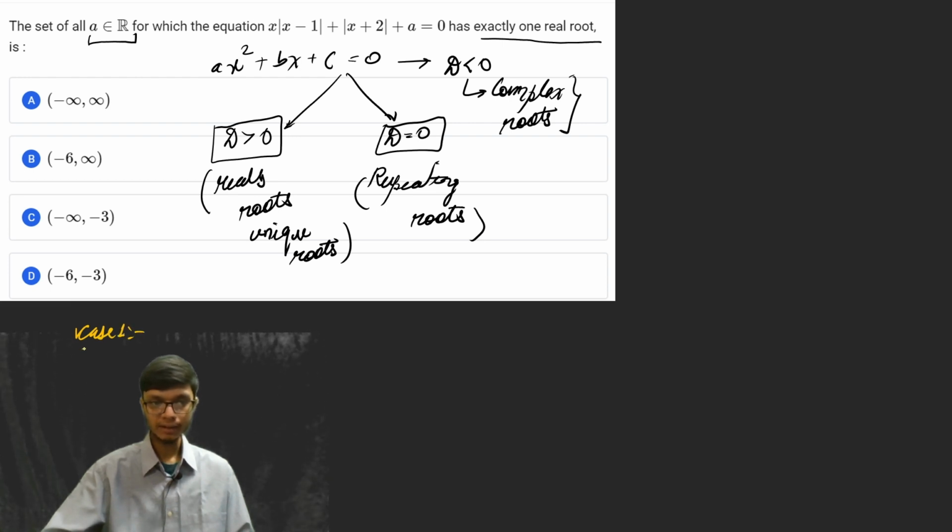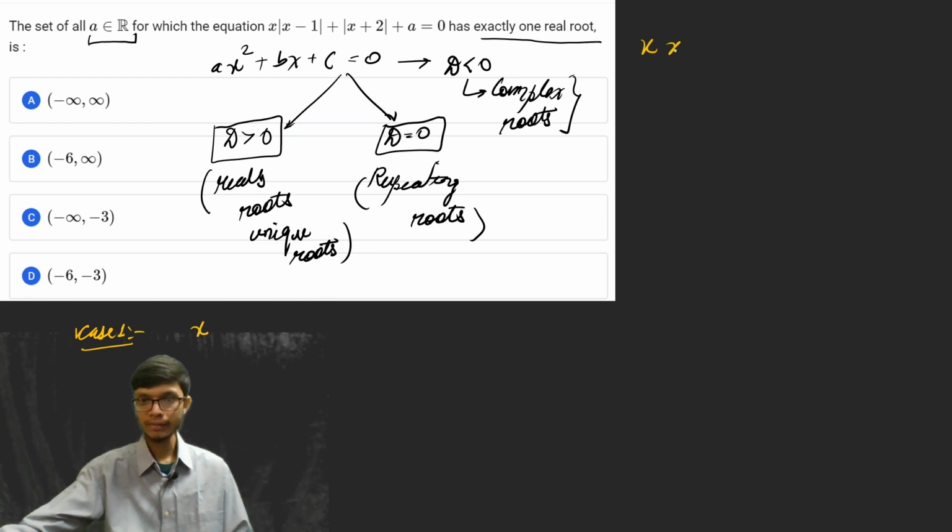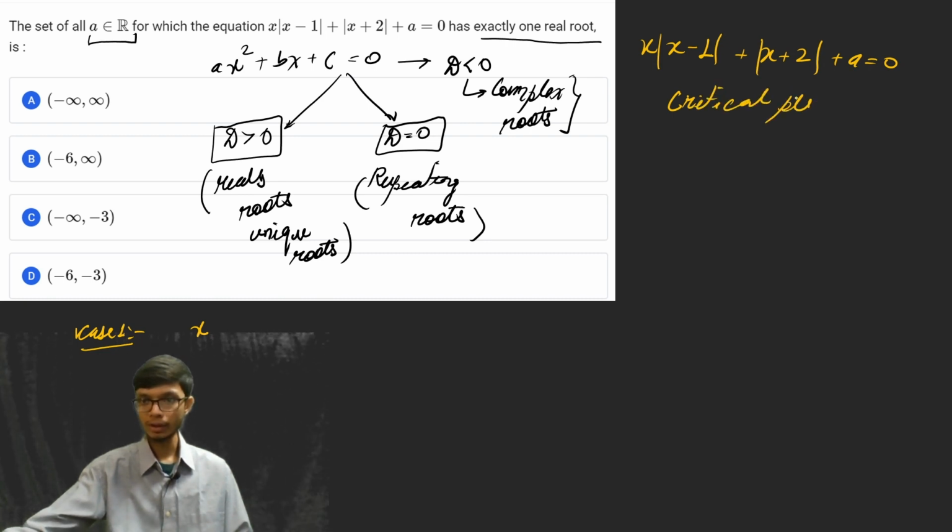The equation is x into mod of x minus 1 plus mod of x plus 2 plus a is equal to 0. As in question number 1, the critical points are x is equal to 1 and minus 2.